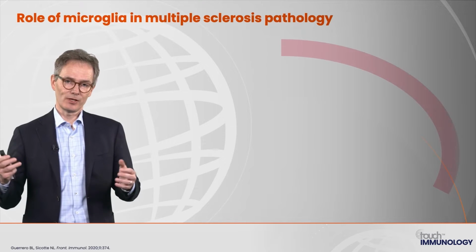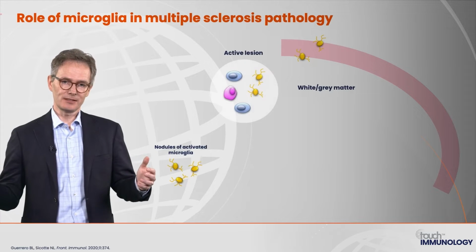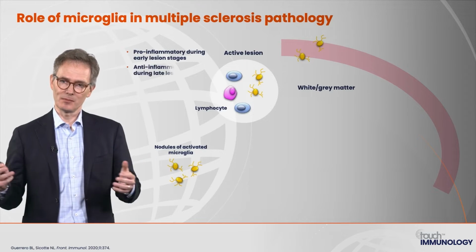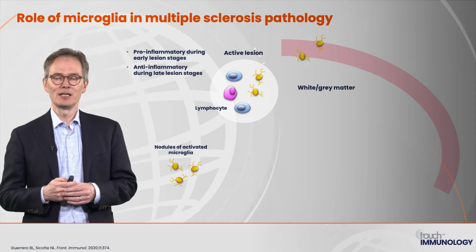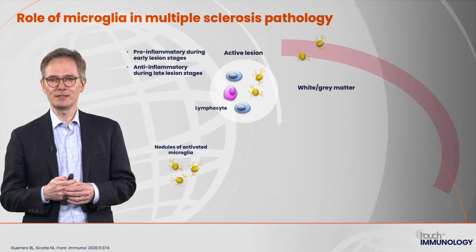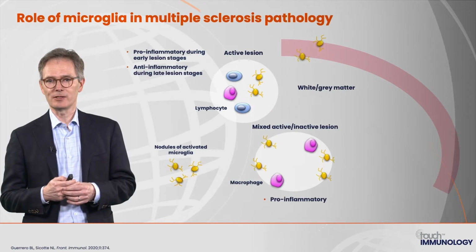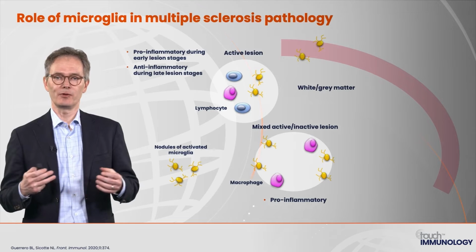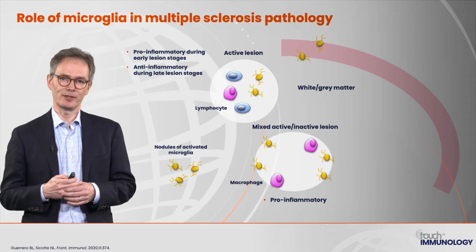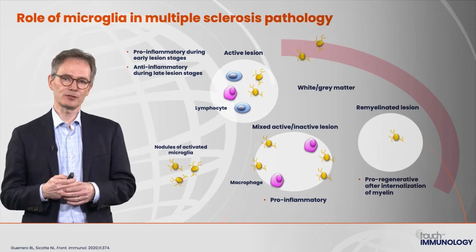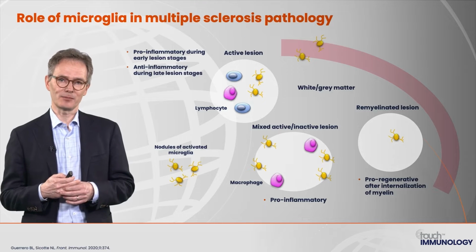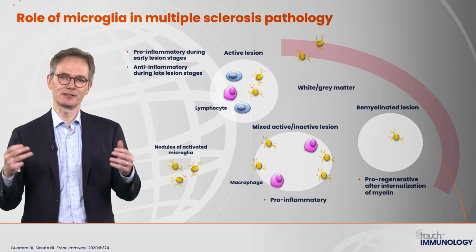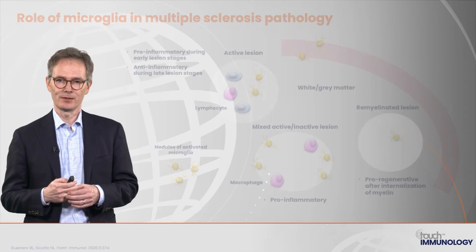So altogether, you have an immune reaction that brings in different immune cells, T cells and B cells, but of course also the resident innate immune cells, the microglia, are activated. And also innate immune cells from the periphery, macrophages, infiltrate into the brain. And this is caused by the chemokine and cytokine production of the infiltrating CD4 T cells and B cells.